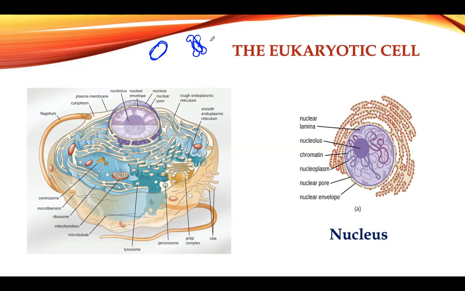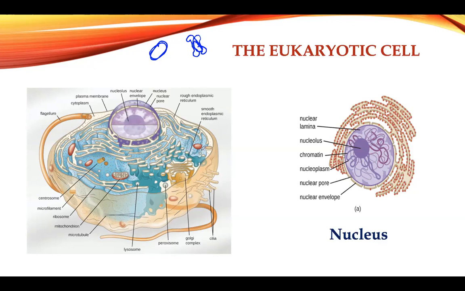It's a fluid mosaic structure because of the presence of cholesterol and unsaturated fatty acids, the fatty acid kink in one glycerol fatty acid leg. That's why it looks fluid. Basically, the proteins float in between the phospholipids. So that's the plasma membrane structure, almost the same as the prokaryotic cell membrane.